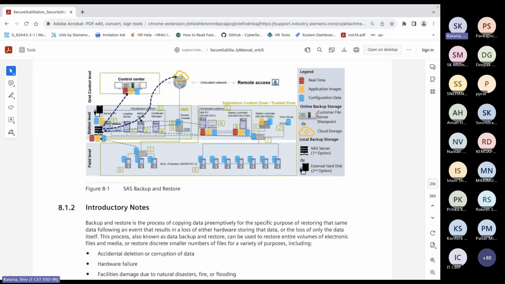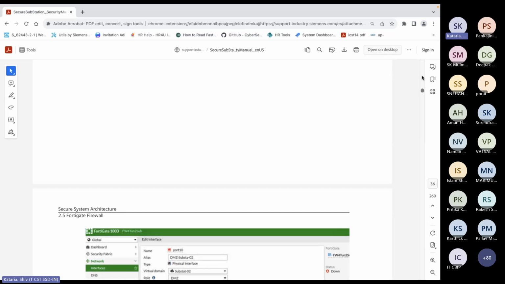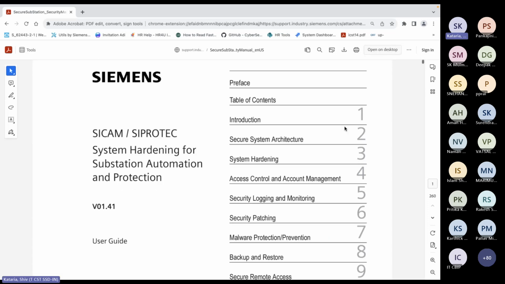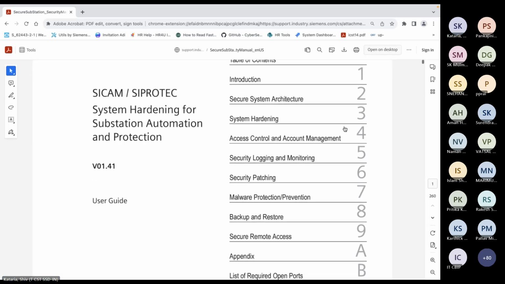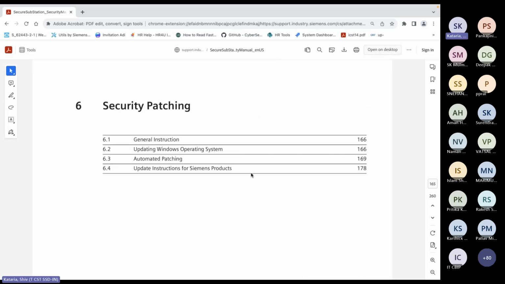I pasted the link to this document. This might help you, basically combining the learning across different areas. The title itself is put into the different segments of security that you are learning: how you start with secure architecture, hardening of the system, access control, logging requirements, patching requirements. Patching is also very important.